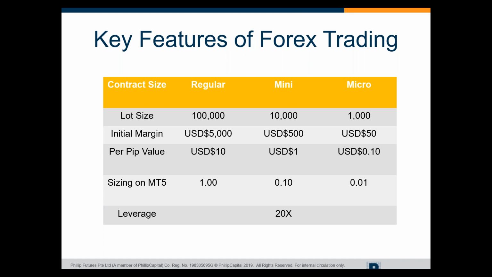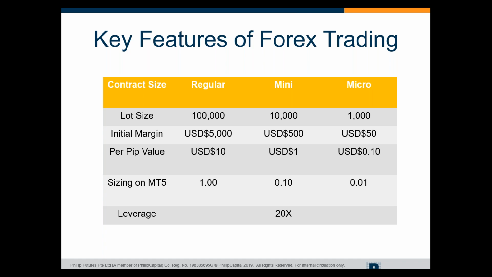Per pip, earlier on, if the exchange rate was 1.1377 as in my previous slide, and you went long and the price went from 77 to 78, if you're trading the regular, you'll be earning about $10, the mini would be $1, and the micro would be 10 cents. On MT5, the regular would be determined as 1.00, the mini will be 0.1, and the micro will be 0.01.